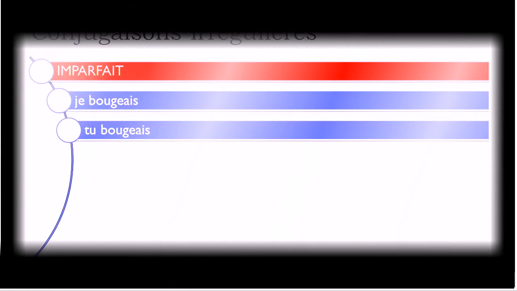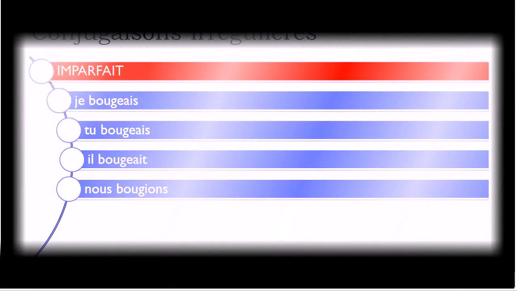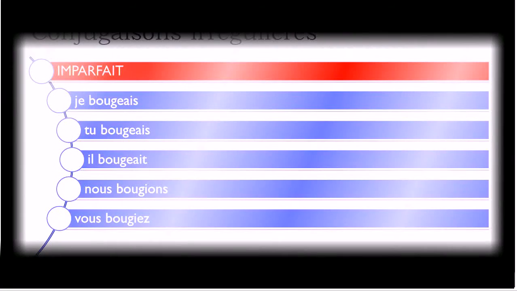And then imparfait, it will go like je bougeais, tu bougeais, il bougeait, nous bougions, vous bougiez, ils bougeaient. So if you look carefully, it's quite interesting, because nous and vous are not concerned by that, just because if you remember, when we combine G and I, we get the sound J, okay? So that's the reason why we don't need to add this E here, okay? But it's here, it's here, it's here, and it's also here for the plural, okay?